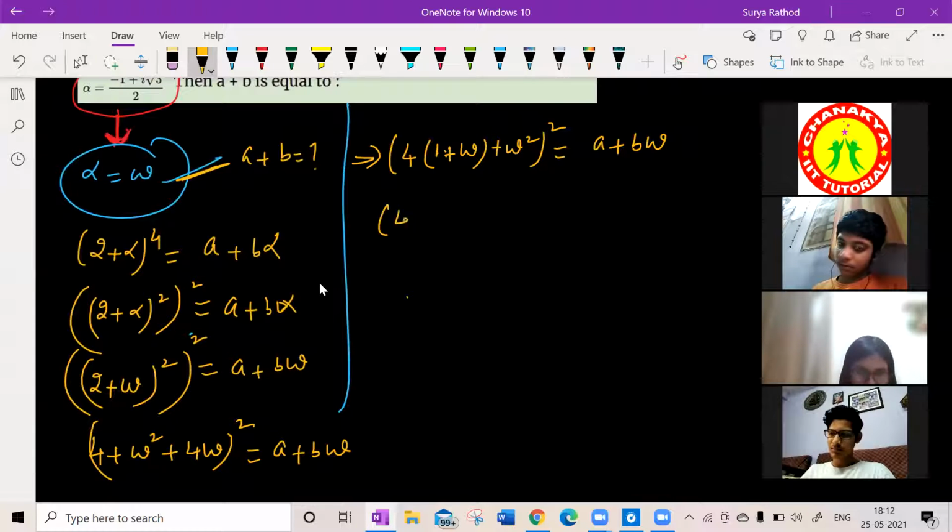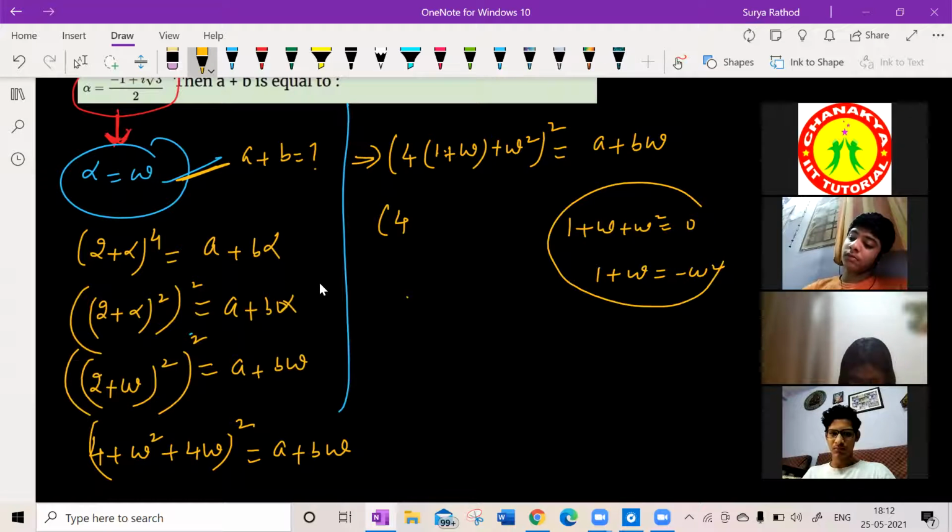Now look at this here. 1 + ω can be written as how? 1 + ω + ω² = 0, so 1 + ω can be written as -ω², from the cube root of unity property, plus ω² whole squared.